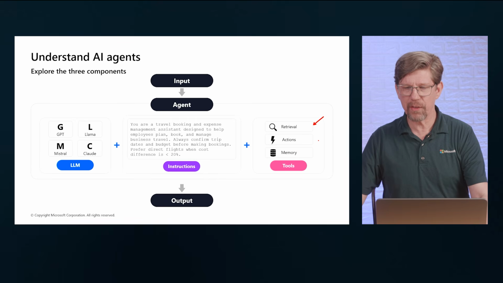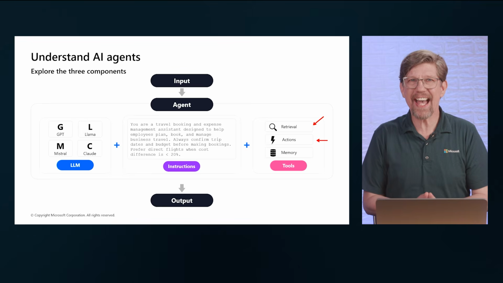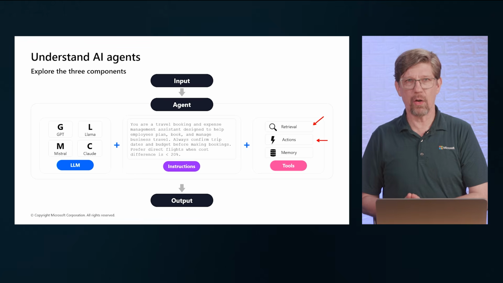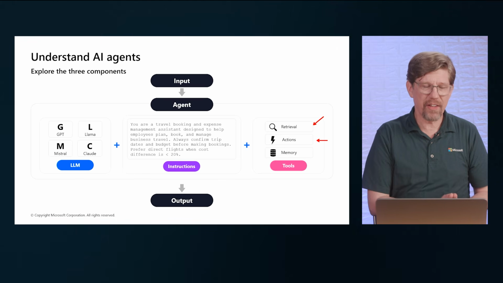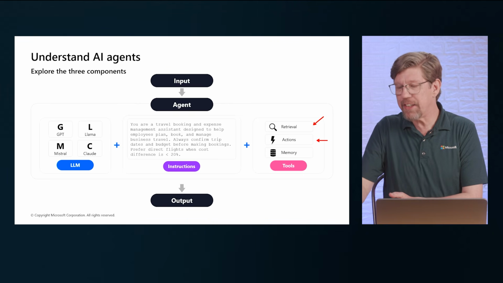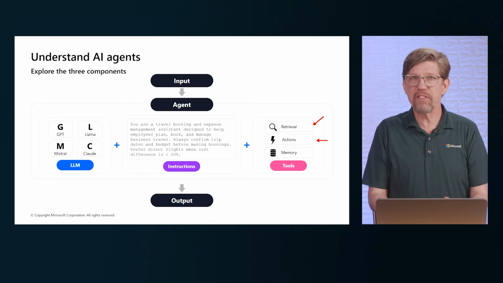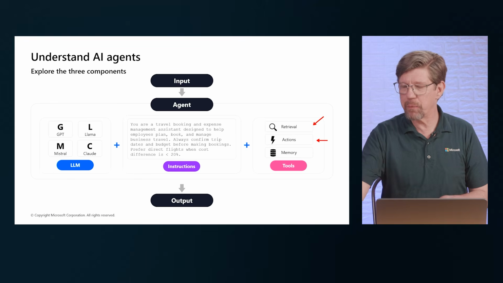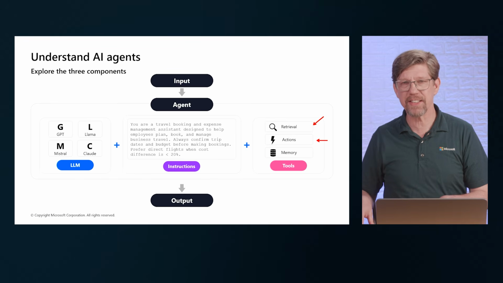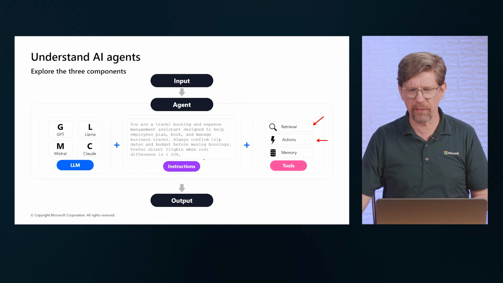But on top of that, we're going to be more focused on the actions that we can take, the APIs that we need to call, the tasks that must be started, and maybe even the agents that we need to talk to who can get this done. Maybe this is a level 1 agent who's just figuring out where we're going, and then we've got a series of agents behind it who are specialized in one or more of those tasks. So we bring all of these together to build an agent.